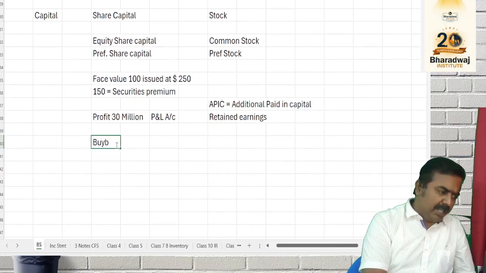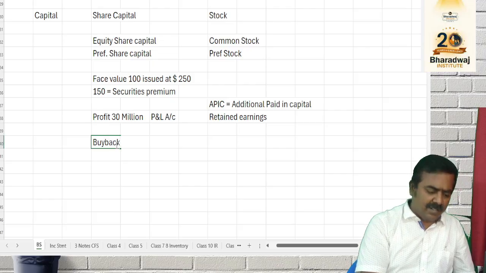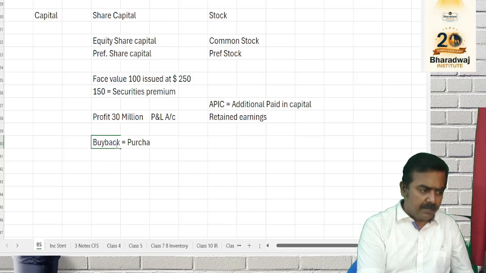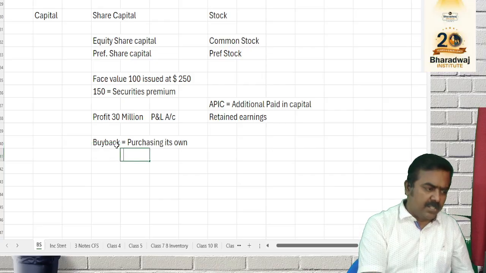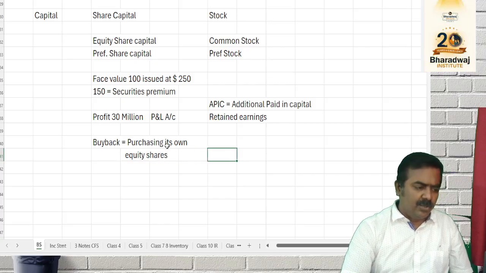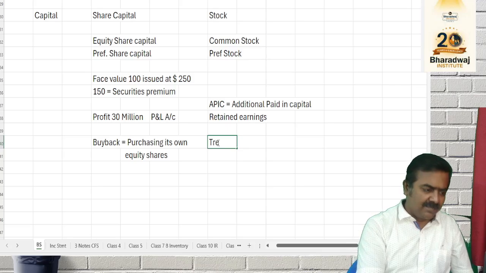In India, when a company purchases its own equity shares, we call it buyback. In US, they call it treasury stock.